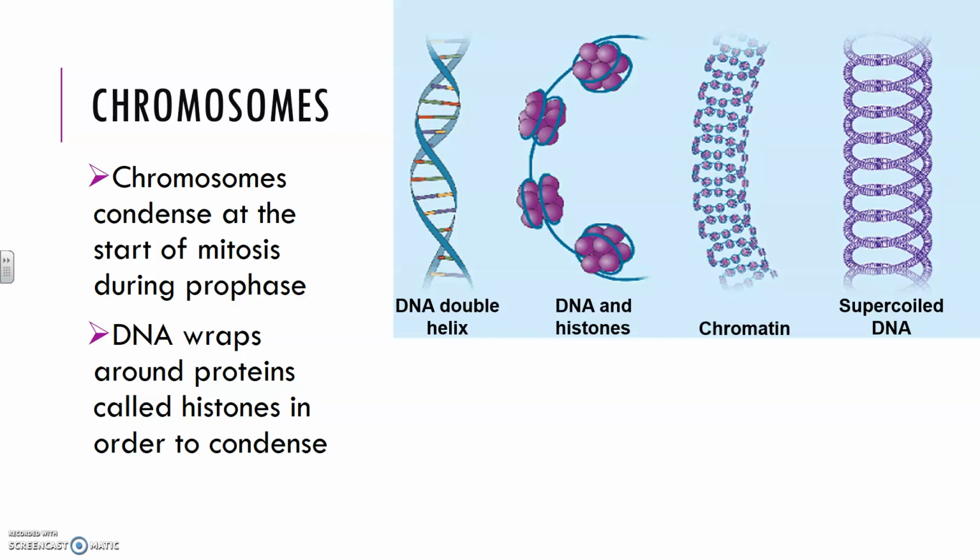Okay, and then once you have the DNA wrapped up with the histones, then you start coiling the DNA. Okay, and that's when you get to chromatin, and you coil that as well, which is the supercoiled DNA. So it's kind of the idea of, if you know the old landline telephones that had the wires on them that were coiled. Okay, if you've never seen one of them, the phone in my room actually has one of these coils on it.